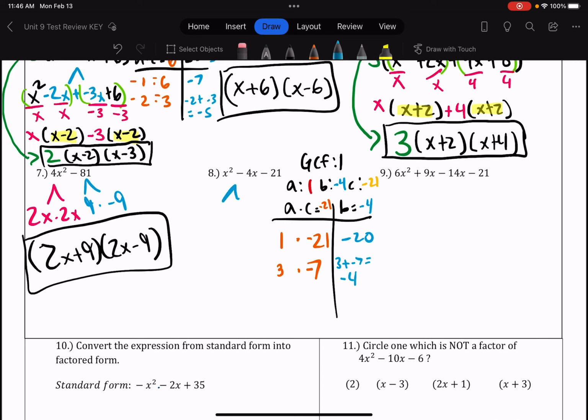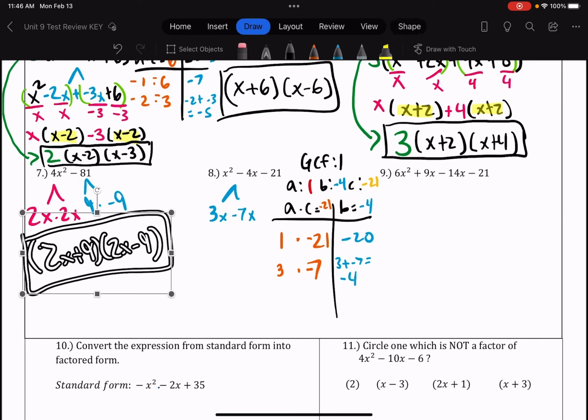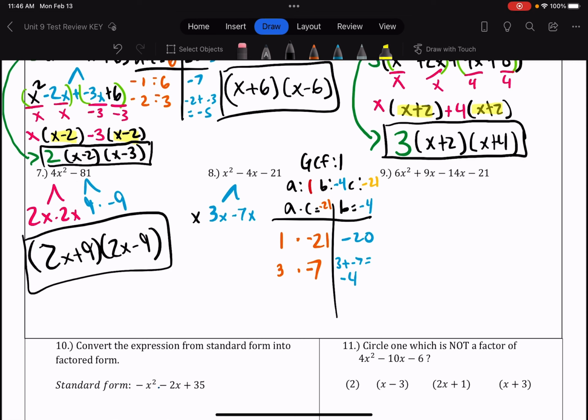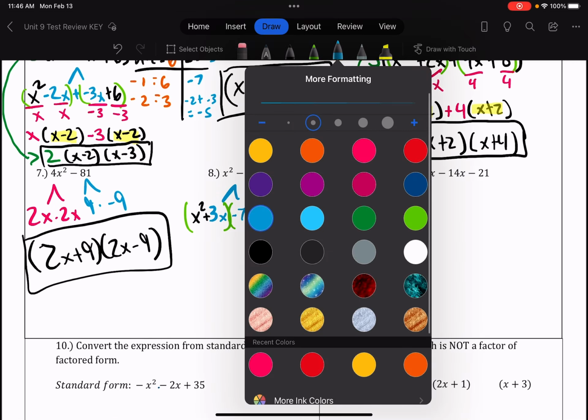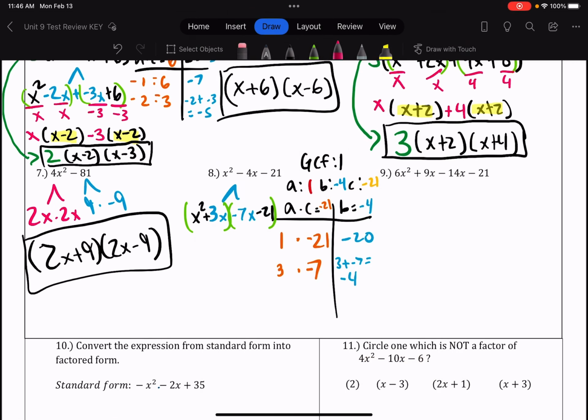I can now rewrite negative 4x as 3x minus 7x and bring down the x squared minus 21. We can now factor by grouping. So I'm going to group the first two terms and group the last two terms. In my first two terms, my greatest common factor is an x.